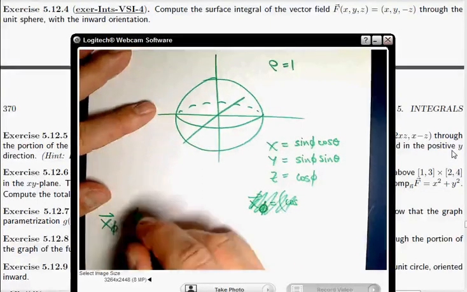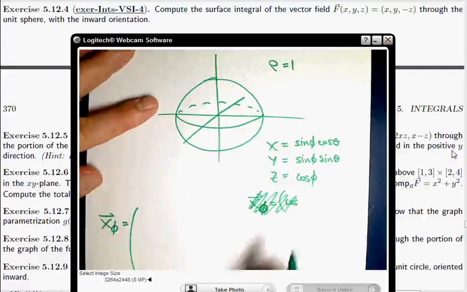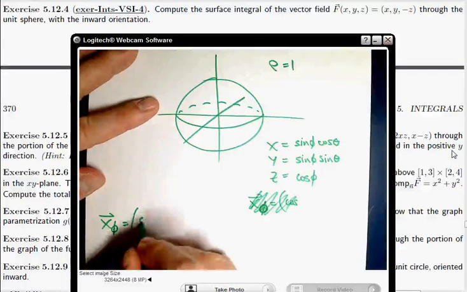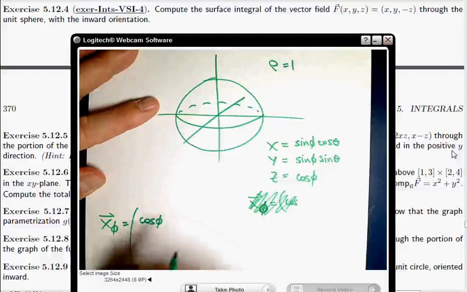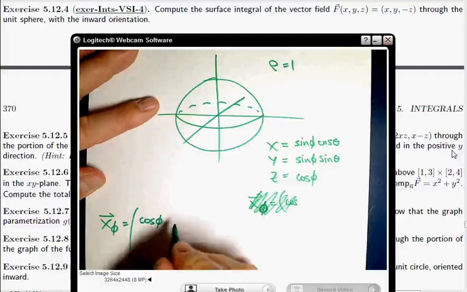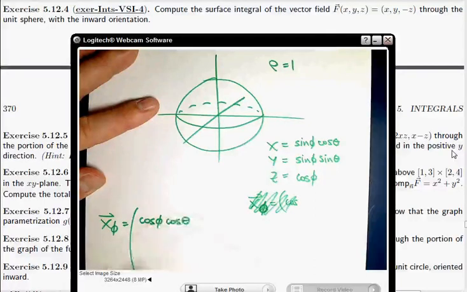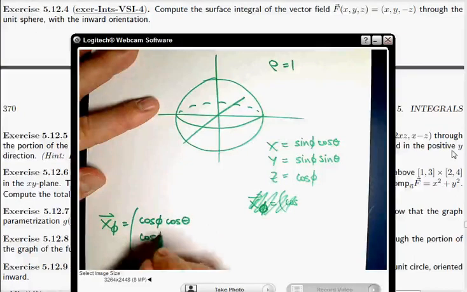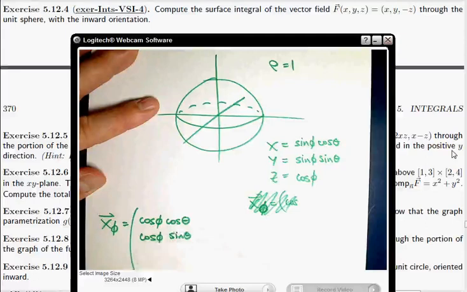So x phi, take the phi partials of all these things: cosine phi cosine theta, cosine phi sine theta, and negative sine phi.